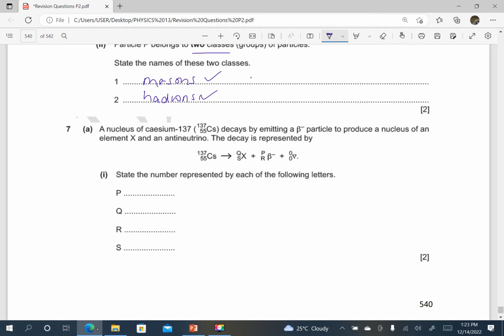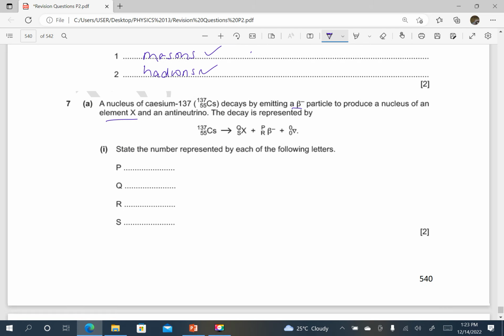A nucleus of cesium decays by emitting beta minus particle to produce a nucleus of an element X and an antineutrino. The decay is represented by that. So this is a beta minus, so P is going to be 0, and R is going to be -1. Now we can balance the equation. Proton number: we have 55 on the left, which should be equal to S plus R, which is -1 plus 0.